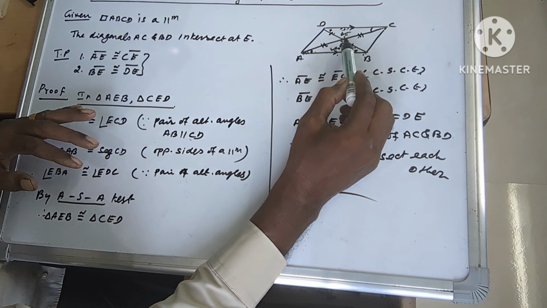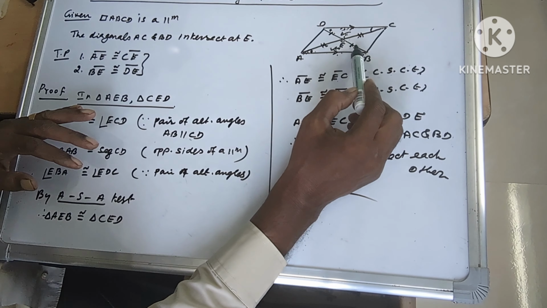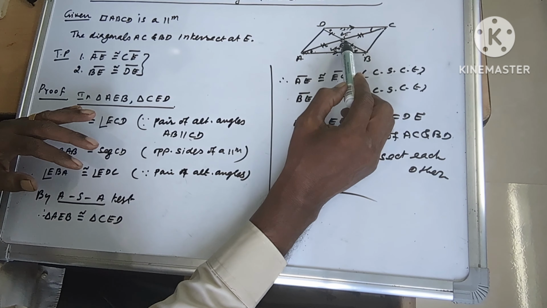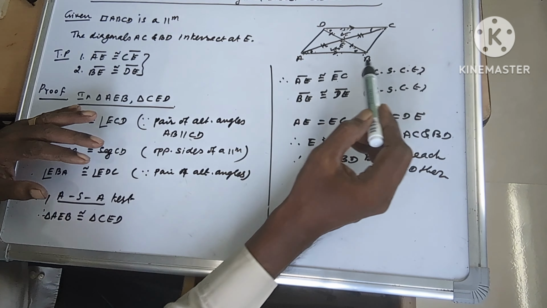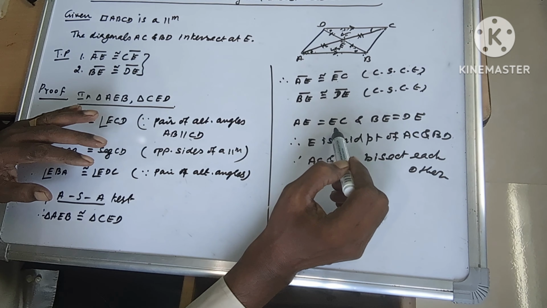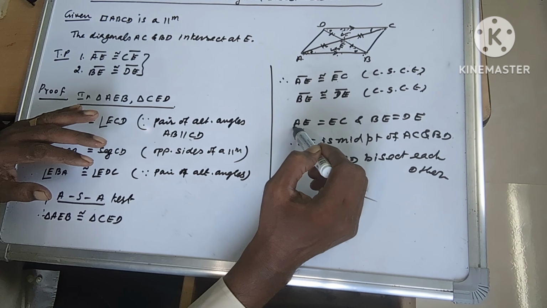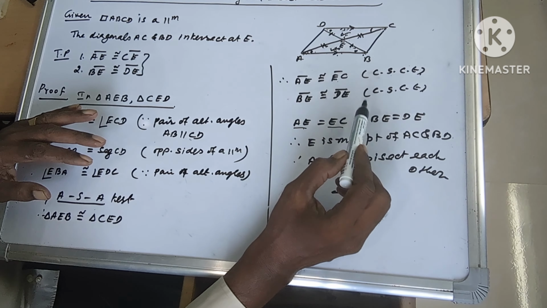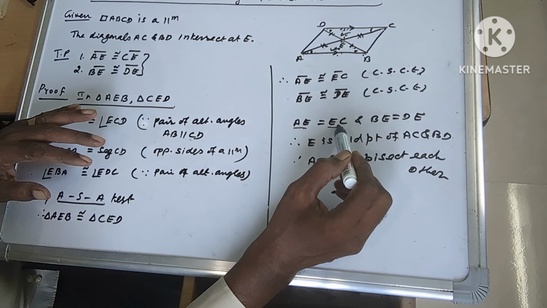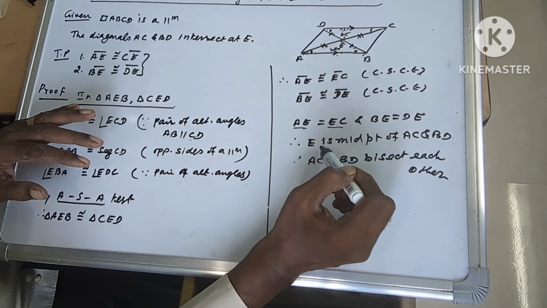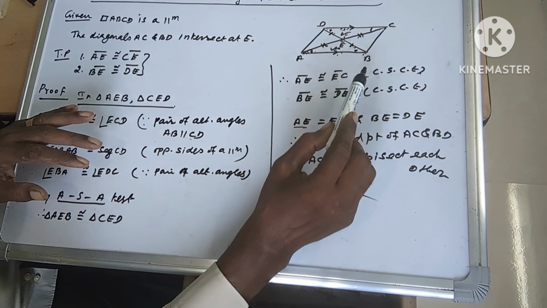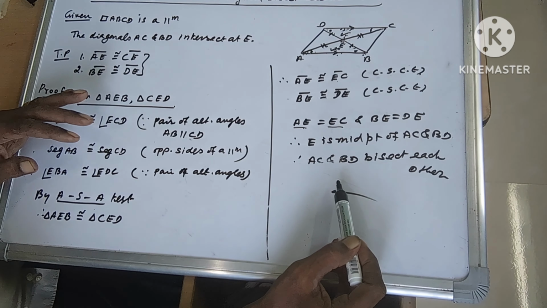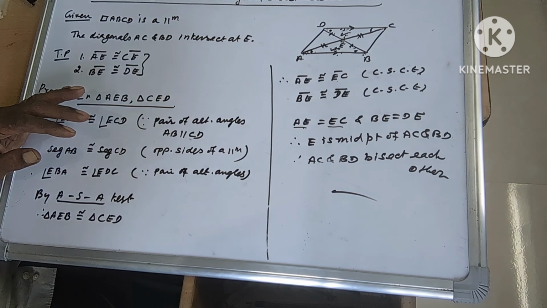So AE is congruent to CE. Same way, BE is congruent to DE. If these two are congruent, the measure of each segment is the same. AE, EC equal; BE, DE equal. Therefore, E is the midpoint of both the diagonals. So the diagonals bisect each other.